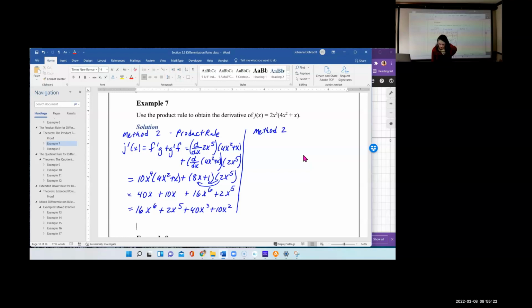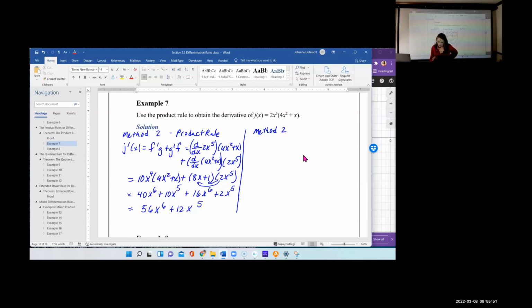That would make this 40x to the 6th plus 10x to the 5th. So now we've got, going too fast, we've got 56x to the 6th, good catch, plus 12x to the 5th. Okay. We'll know in a second whether or not we've got it right because method 2 should match.